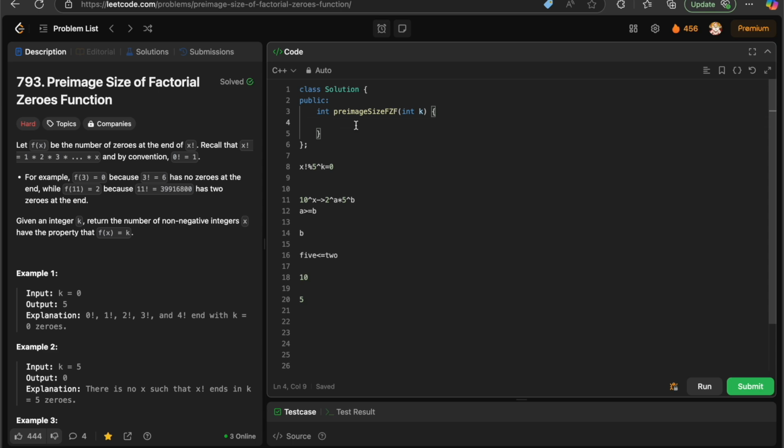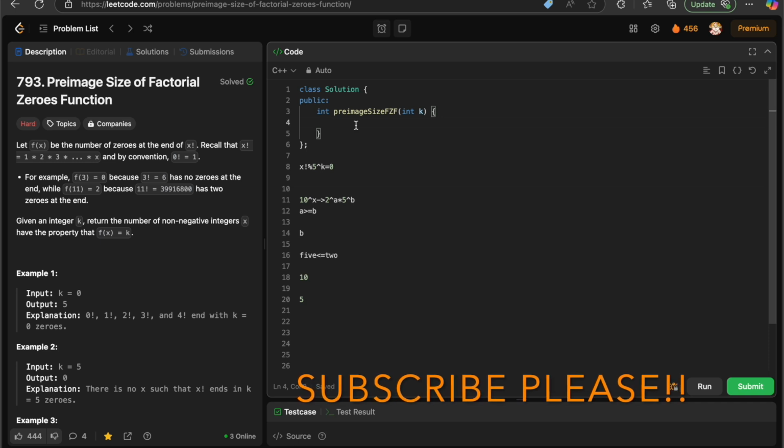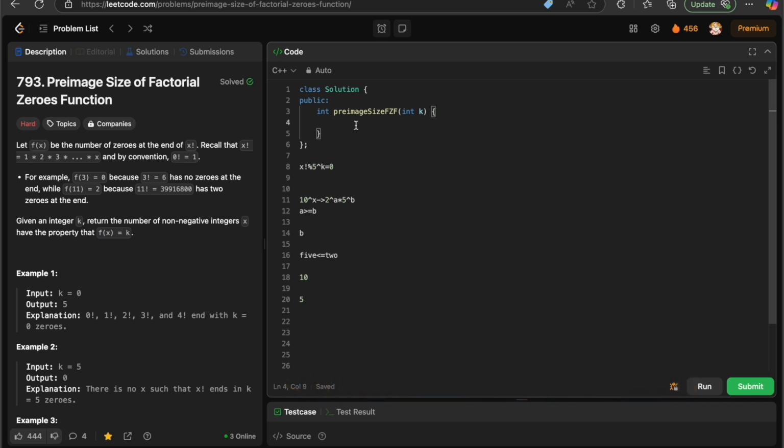If it can, we increment low to mid plus 1. Else, if mid contains more than k fives, we decrement high to mid minus 1, and we continue until we find a number which contains k fives. At the end, if we find this, we return 5. Otherwise, we return 0, because the answer can only be 5 or 0.